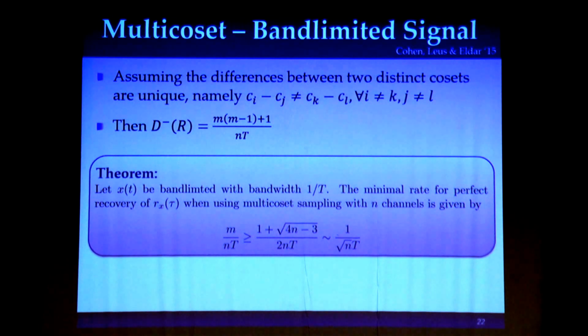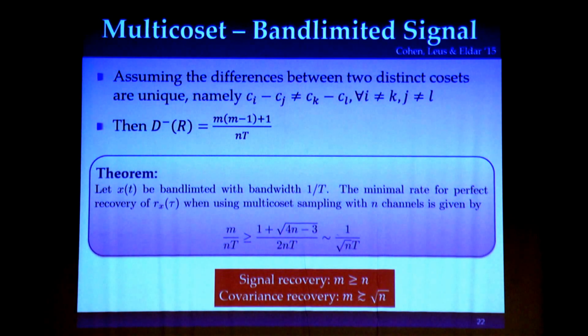The answer is that the lower Beurling density of the difference set in this case goes something like the square of the lower Beurling density of the original sampling set, if we take care that all of our differences in the cosets are different.